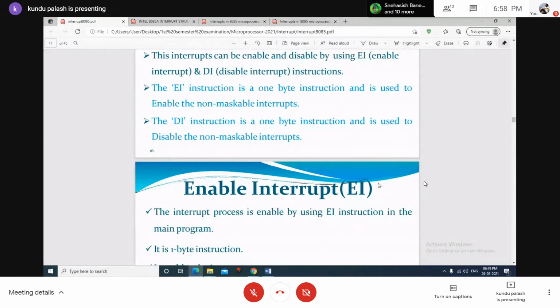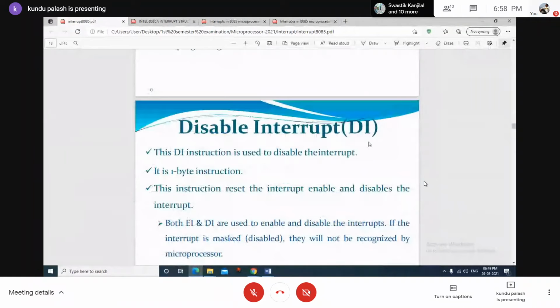With the execution of EI, a single-byte operation code, the 8085 will enable its interrupt system, that is an internal logic. But it can be disabled by another software code, DI, a single byte of code. Even though an interrupt request occurs, the microprocessor will not give attention to those interrupts.